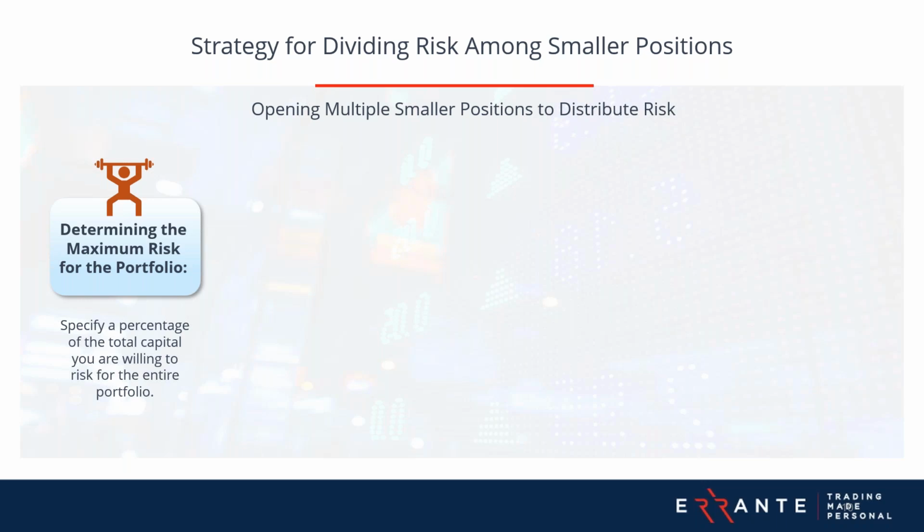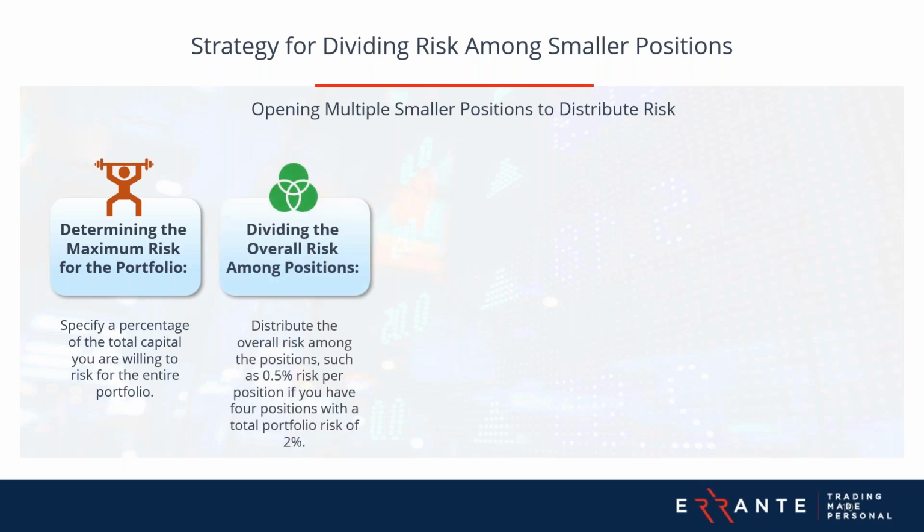For example, with a 10K account, we might decide that we do not want to risk more than 2% or $200 on any given day or trade setup in whole.